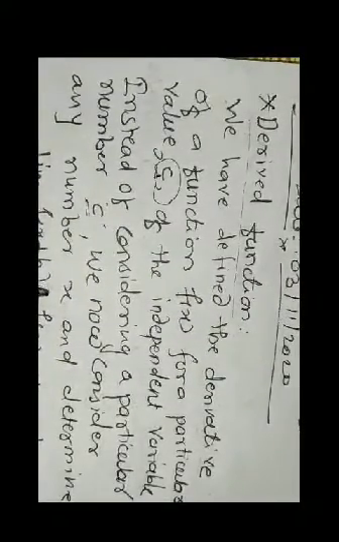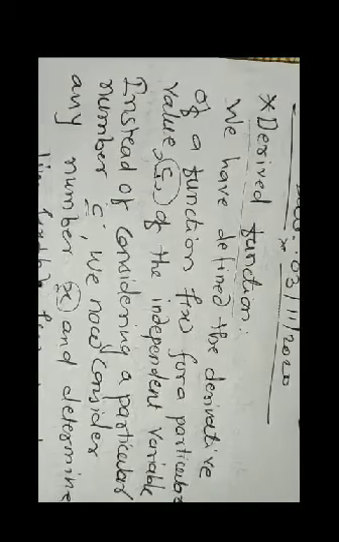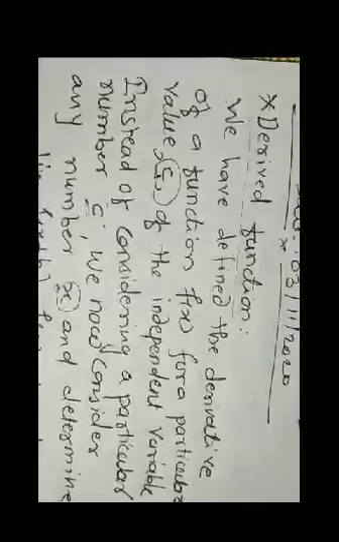we have to replace that number c, and we now consider any number x. X is any number, that means it is a general point. It may be c, it may be d, it may be some other fixed point.